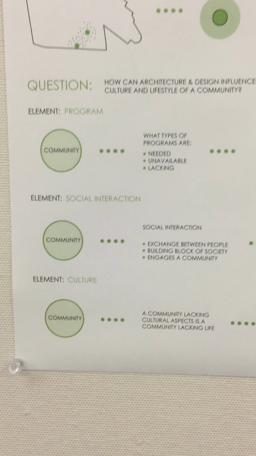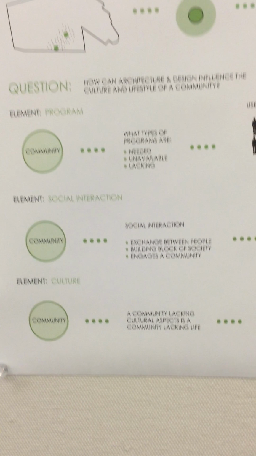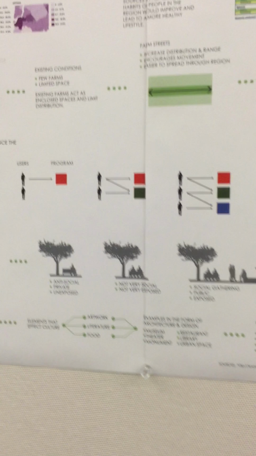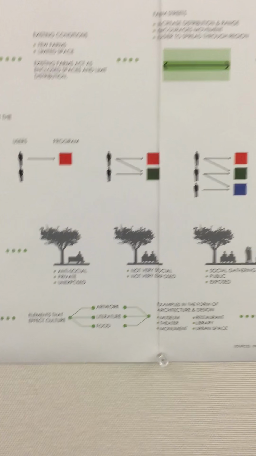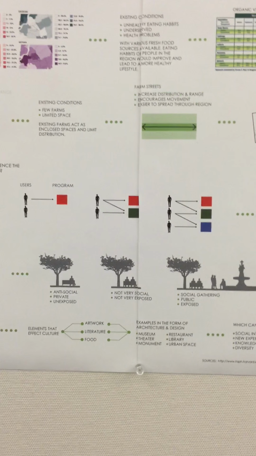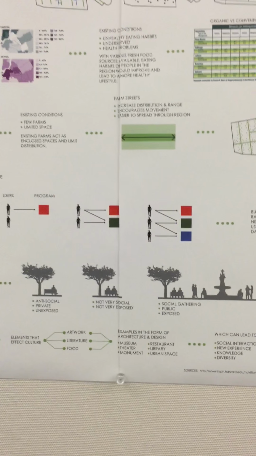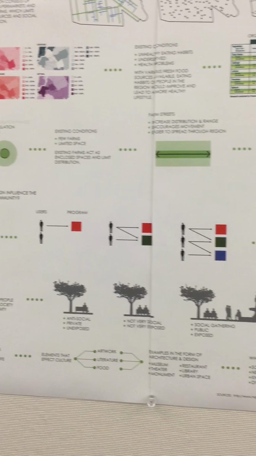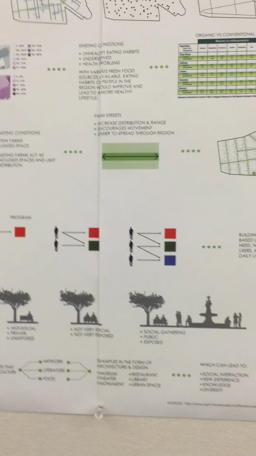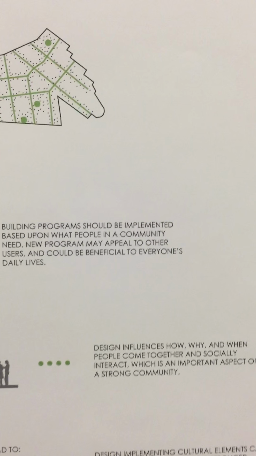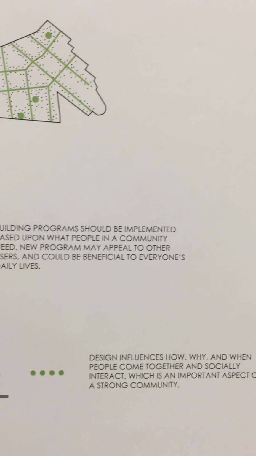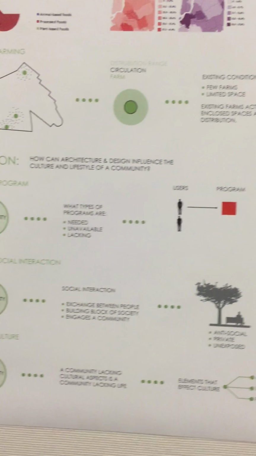Now, for my research question, I looked at community through programs, social interaction, and culture. In these diagrams, the first one for program basically shows the more programs that are implemented in a community, the better, because you should design towards need versus want. And so that will attract users and ultimately benefit more people.